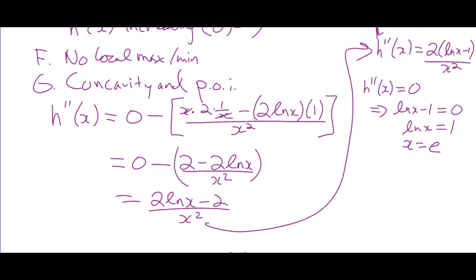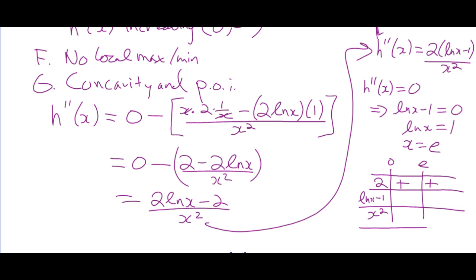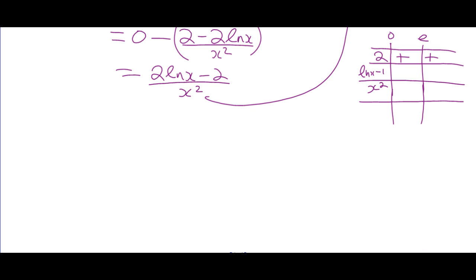Okay, so then we have 0, and we have e, and we have a 2, and we have a ln x minus 1, and we have an x squared. It's going to be like one long page, which gives us the sign of h double prime of x, which gives us the concavity of h of x, and should we have concave up and concave down, then we'll have a point of inflection. So x squared is always positive.